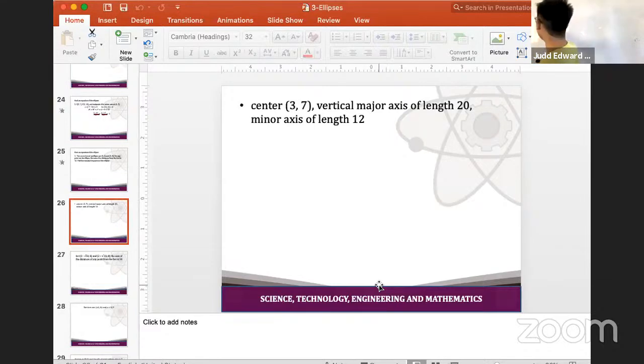Okay, sabi dito, center at (3, 7). Major vertical axis, so MVA. Ang length daw niya ay 20. Yung minor axis daw niya, 12. Okay, so let's try to solve.